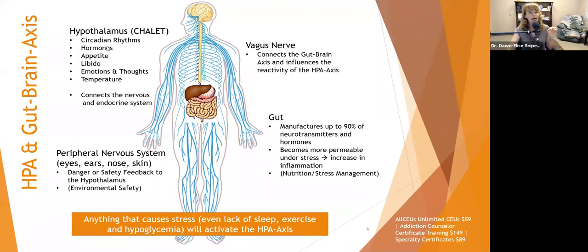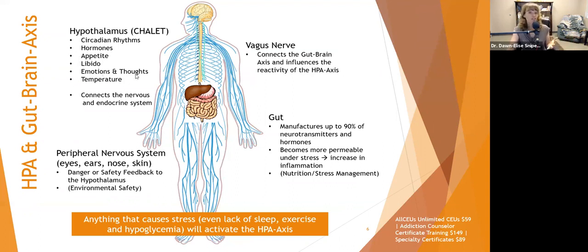But the hypothalamus is really interesting because when it is hyperfunctioning, when it's functioning in overdrive, or when it is not functioning well, it's going to affect your circadian rhythms, your hormones, including your thyroid hormones, your appetite, your libido, and your sex hormones.